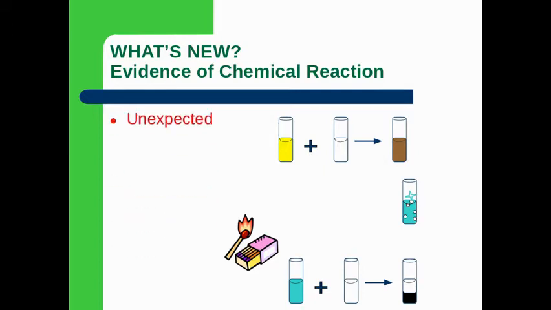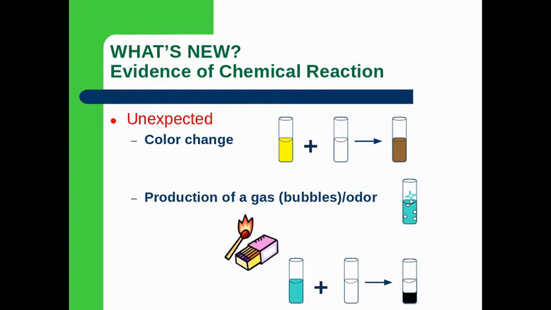So for all of these indicators of a chemical reaction, the change is unexpected. So for example, when you put yellow and colorless liquid together, you would expect it to be just a lighter yellow. But because it turns to a completely different color, that unexpected color change is a sign of a chemical reaction.